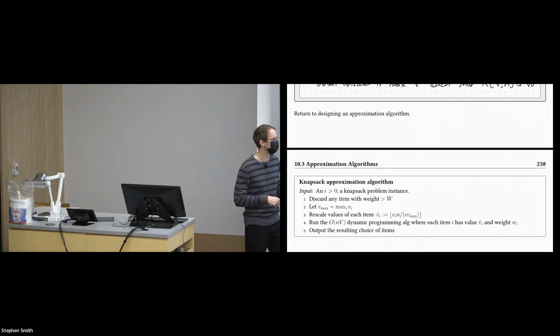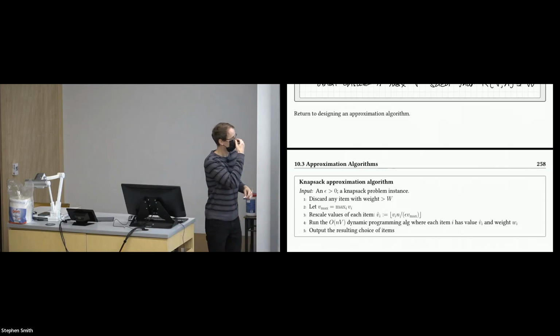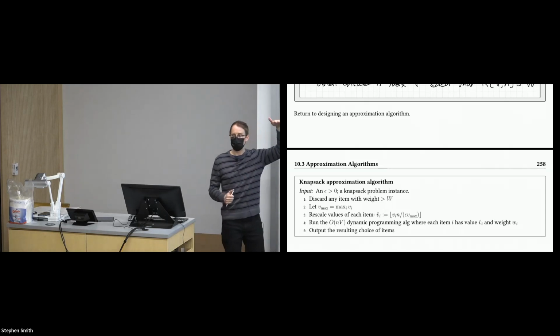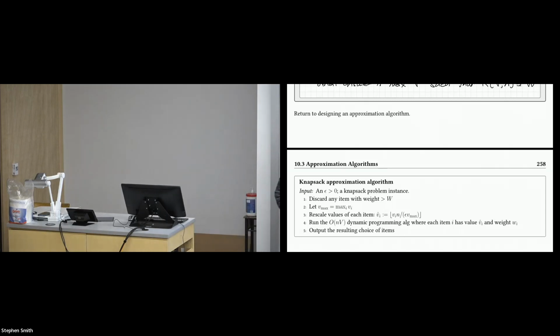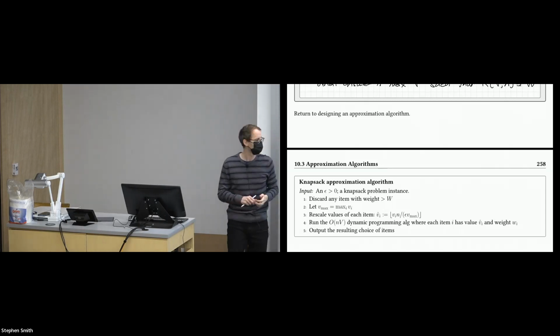It's not totally clear. But basically now, each v_i is less than or equal to Vmax, so my new values are at most n over epsilon. So I've bounded the maximum possible value I'm willing to tolerate to n over epsilon, where epsilon's a design parameter here that I'm going to use.